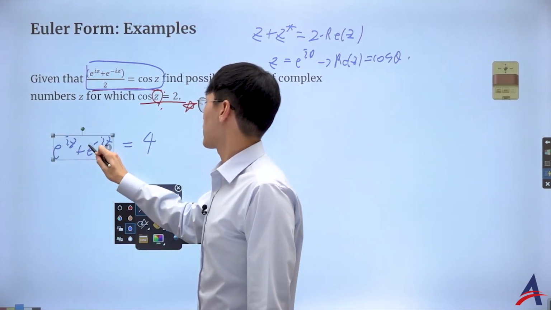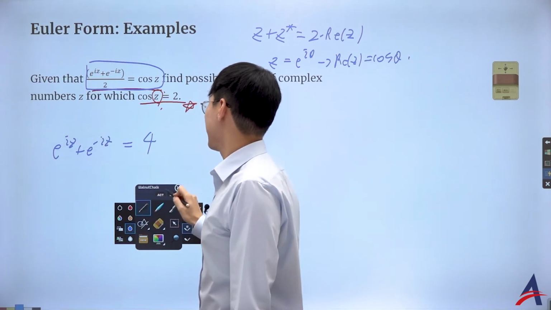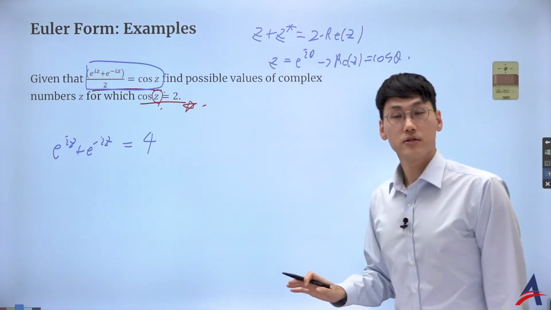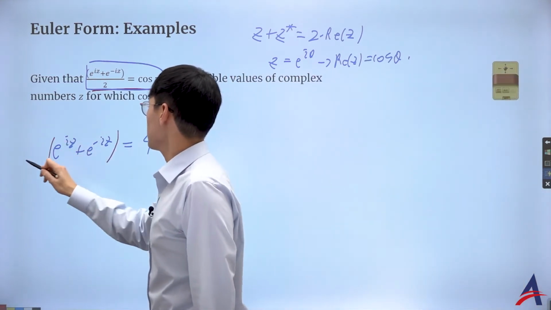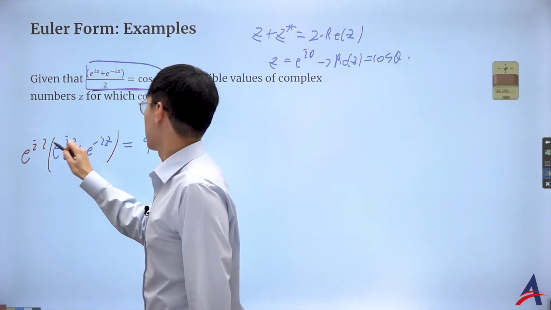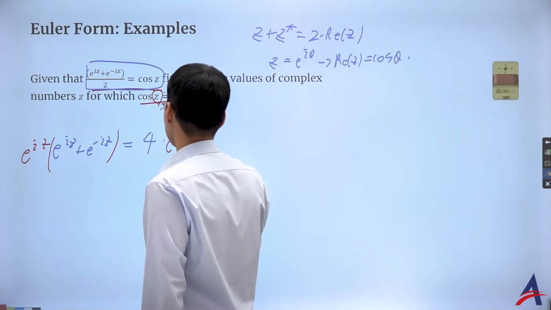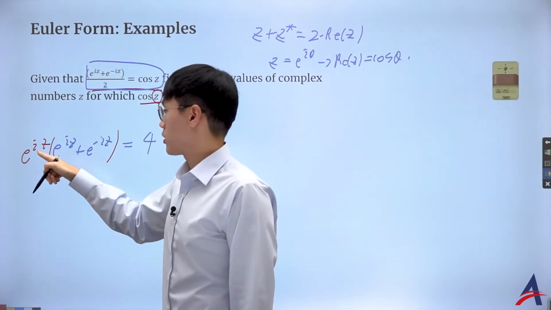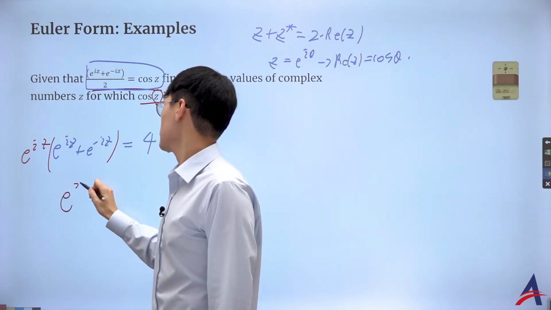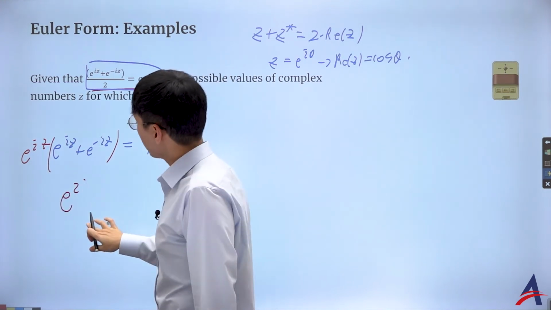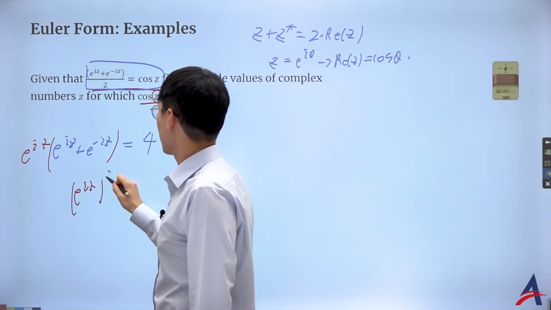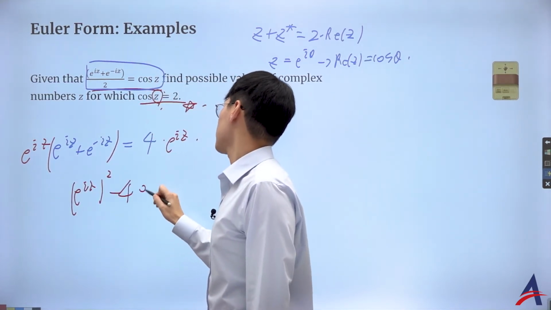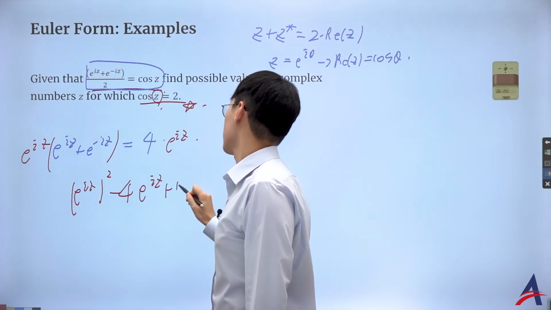And I don't like working with the negative exponent. So what you want to do is multiply by e to the power of iz, the reciprocal. And then you realize that it's going to be the perfect square on the first one. So let me just put it as e to the power of iz, perfect square, minus 4 e to the power of iz plus 1 is equal to 0.